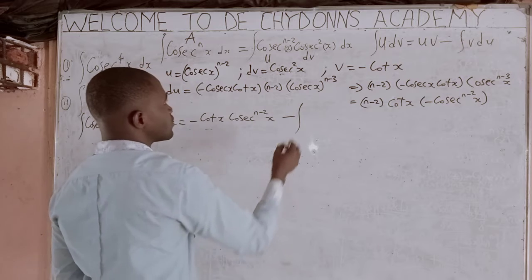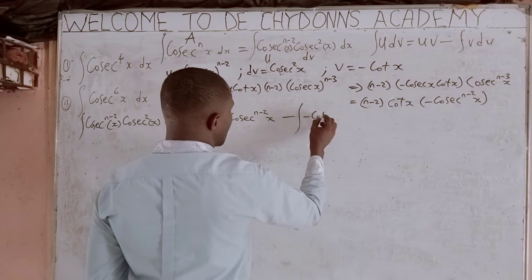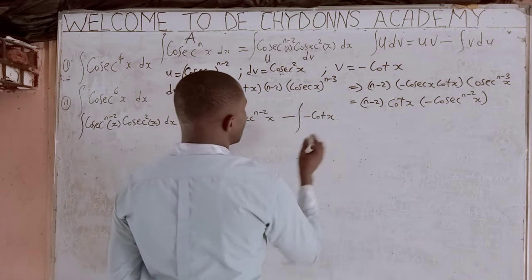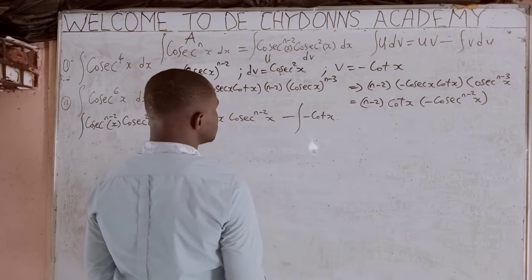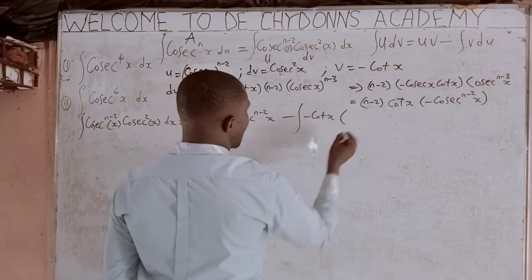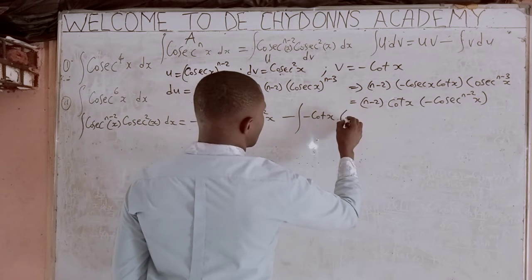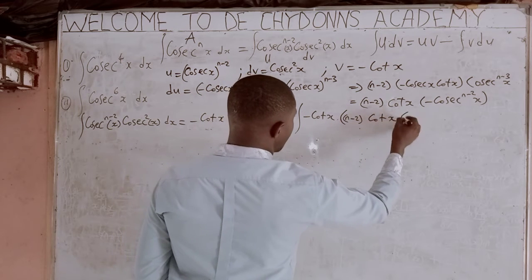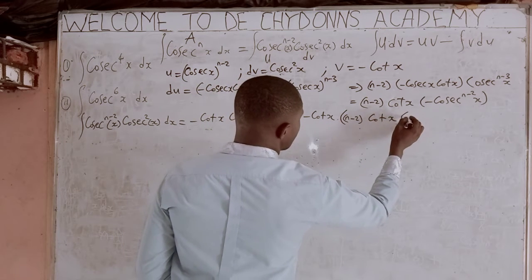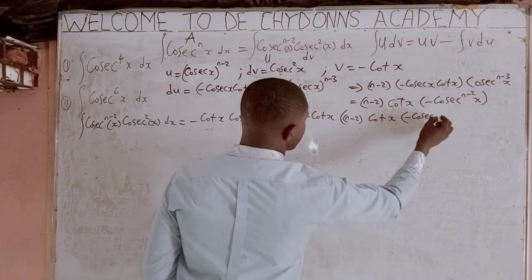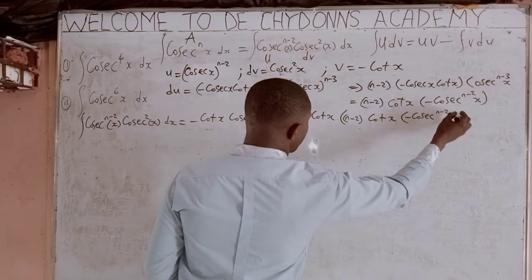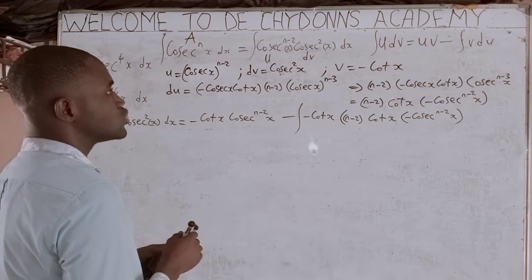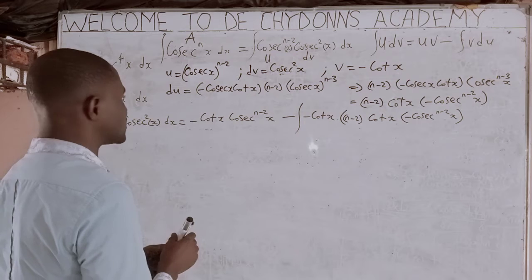What is your v? Minus cot x. Then what is your du? (n minus 2) cot x times minus cosec^(n-2) x. Okay, so that is what we will be getting.